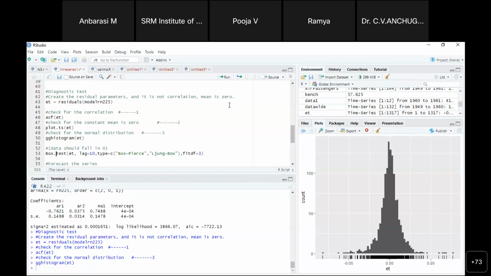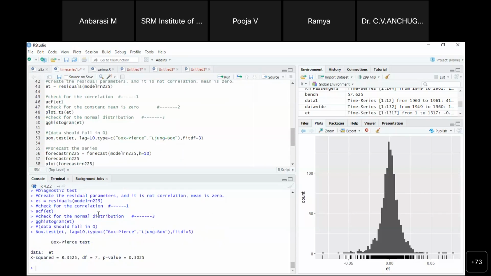Okay, so here in the box plots test, we will try to find the p-value. Here we will check this fit df, the degree of freedom. The degree of freedom is nothing but the number we have to keep subtracting from the series of the residual.